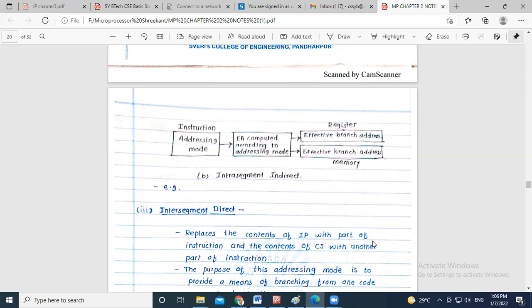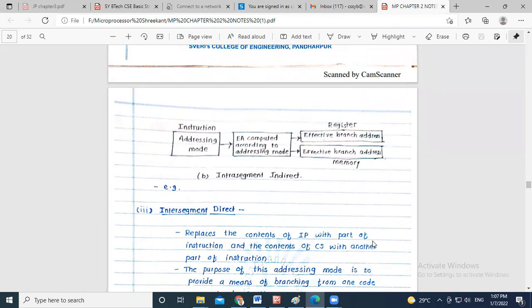So what I do now: take 10 to 15 minutes, and revise the addressing modes topic I covered. Mainly two kinds: data related addressing modes and branch related addressing modes. In the data related addressing modes, five categories: immediate, register, direct, indirect, and implied addressing modes.